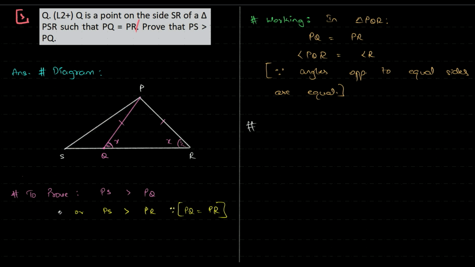So let's have a look. Let's call this angle A and this B. Right? So in triangle PSQ, let angle S be equal to A, angle SPQ be equal to B. So what do we have?